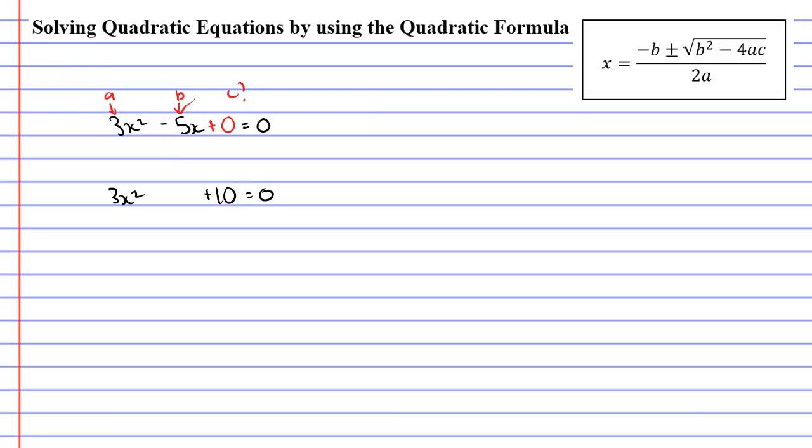In this situation, we know A is 3, we know C is 10, but we don't know what B is. When you think about it, the reason for this is that there are no x's. And what does it mean for there to be no x's? Well, it simply means that there are 0 x's. So B would just be 0.